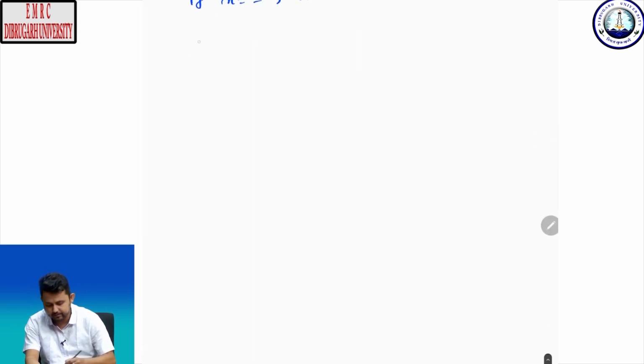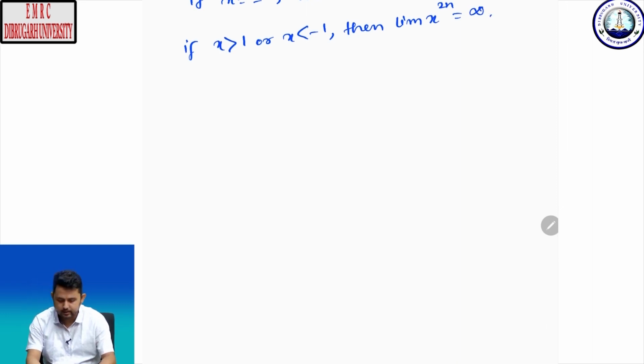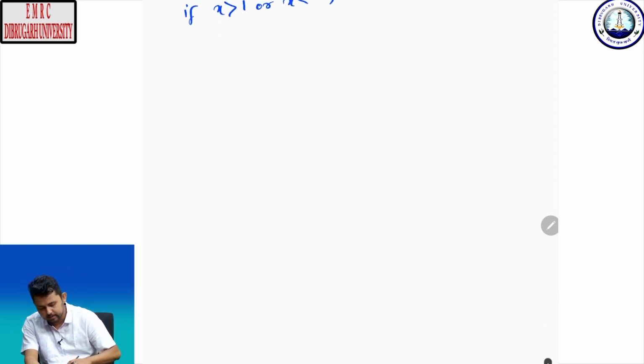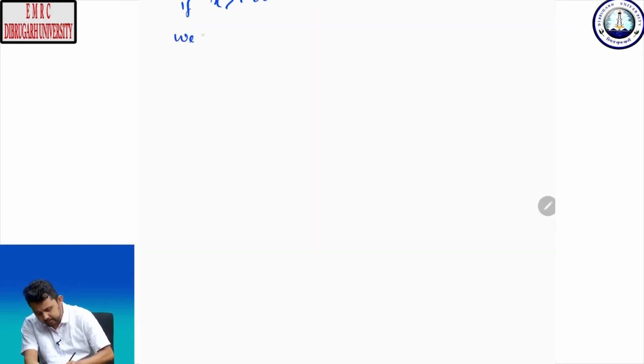The case left to handle is if x is greater than 1 or x is less than -1, then limit x^(2n) equals infinity. So, for the sequence of functions, we therefore have the following cases.